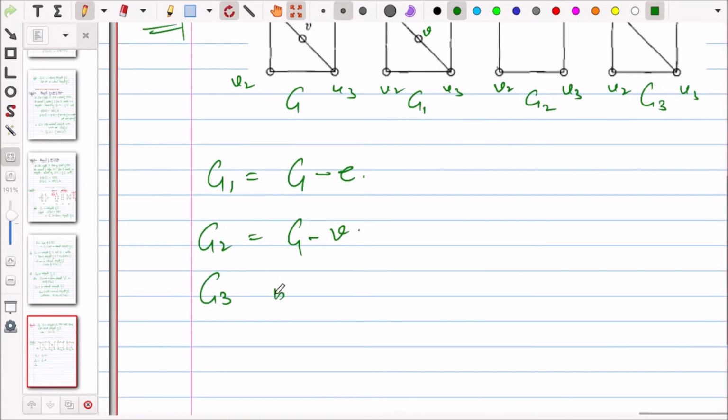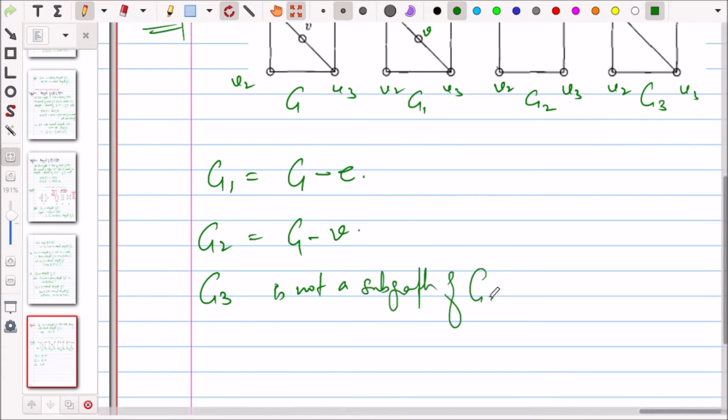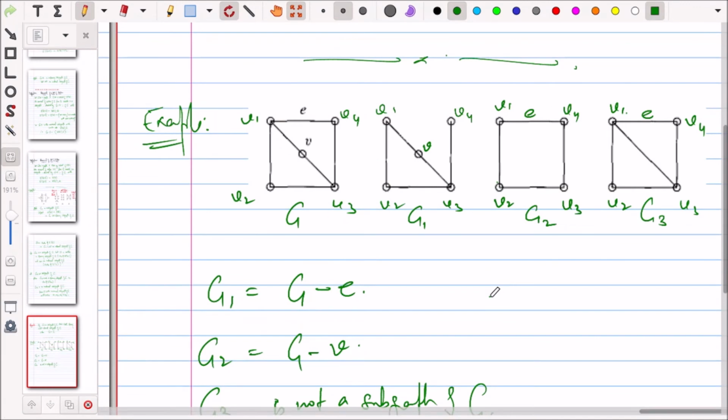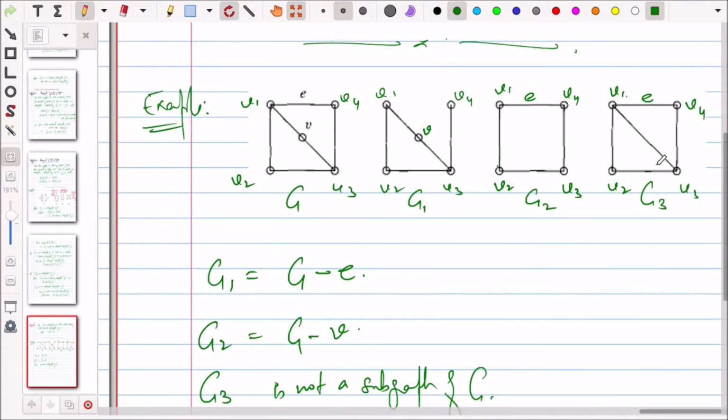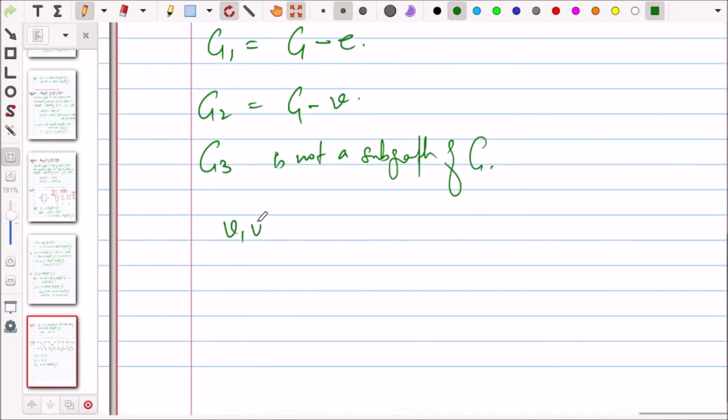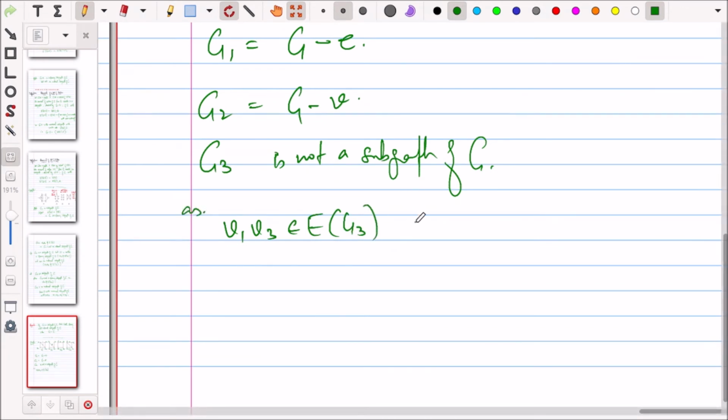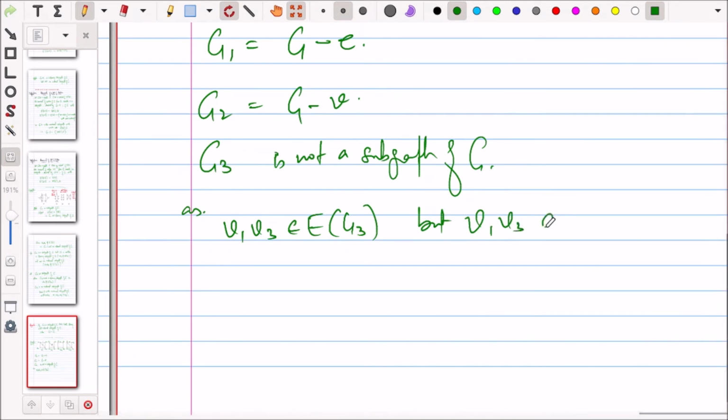G3 is not a subgraph of G. Why? Because here V1 and V3 are not adjacent in G. Yes, in G, V1 and V3 are not adjacent, but here V1 and V3 is an edge. Okay. V1 V3 belongs to EG3, but V1 V3 does not belong to EG. So EG3 is not contained in EG.